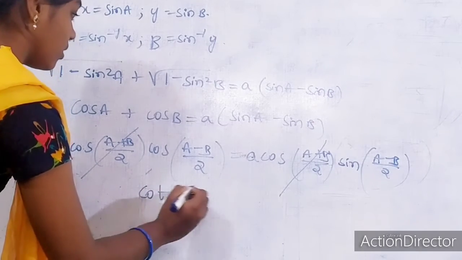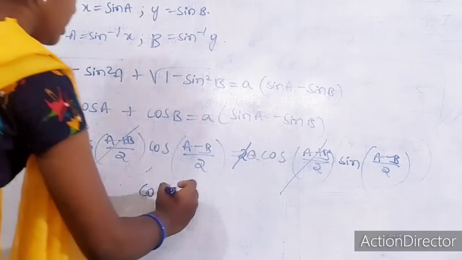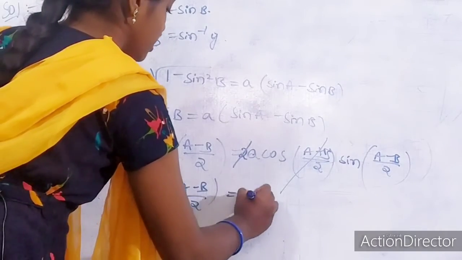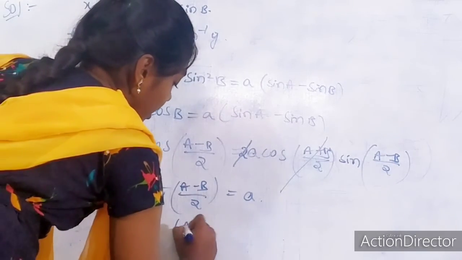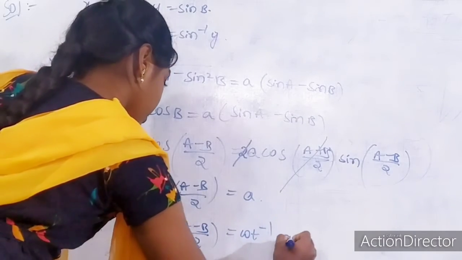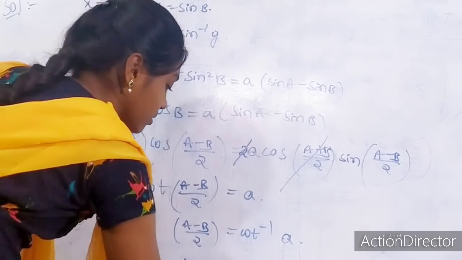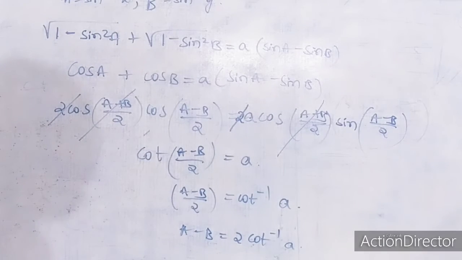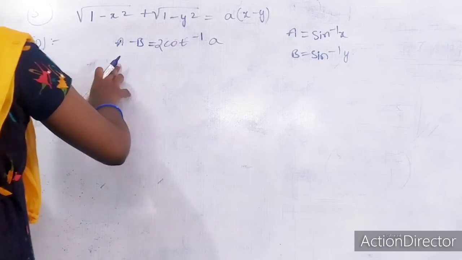So cot of a minus b by 2 is equal to a. From this we can write a minus b by 2 is equal to cot inverse of a, and a minus b is equal to 2 into cot inverse of a.